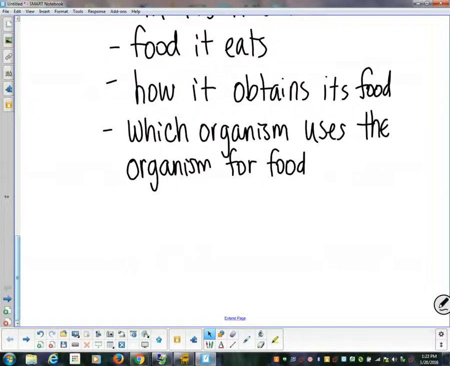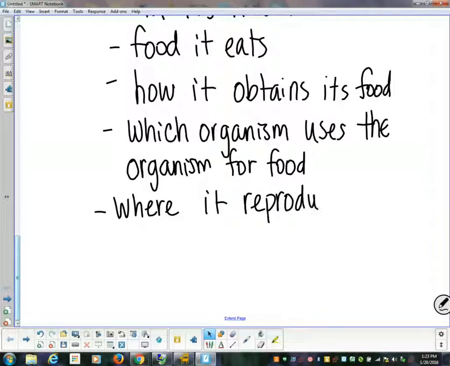Or it could even be something like where it reproduces. And these are just a couple of the things that are involved in the niche. So basically, what does it do and what role does it have within its community?